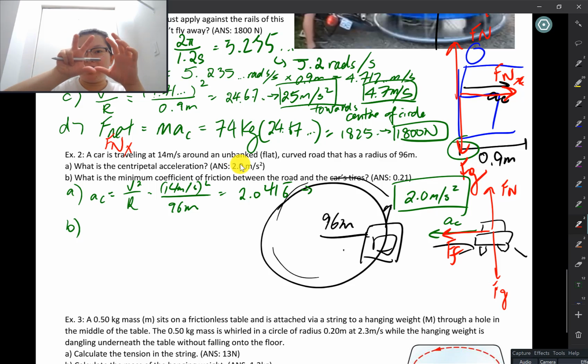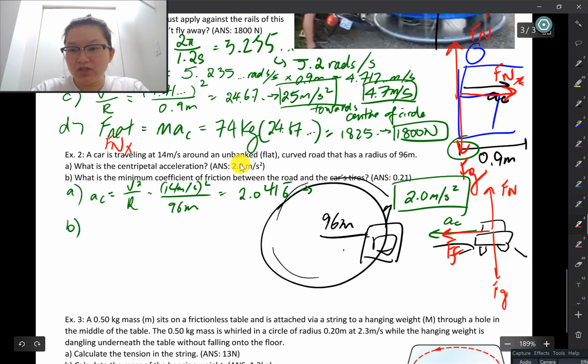Because think about this car. It wants to move away from the center of the circle due to its tangential speed, so the friction force must act opposite to that tendency, which is directed towards the center of the circle. So that is why the force directed to the middle, providing the centripetal acceleration, is the friction force.